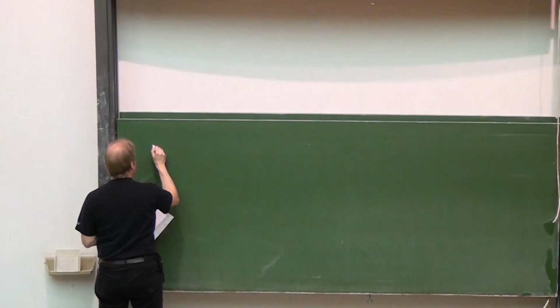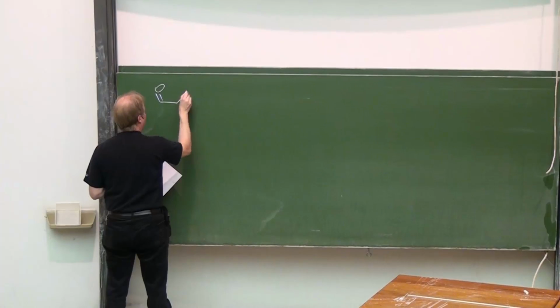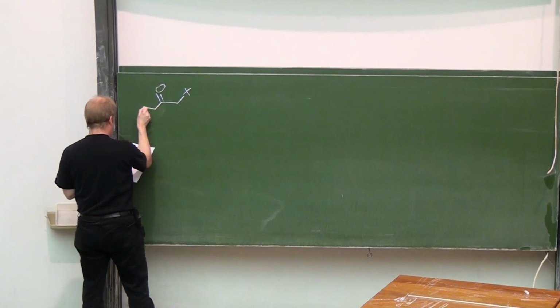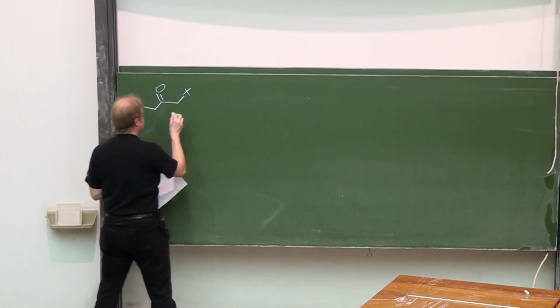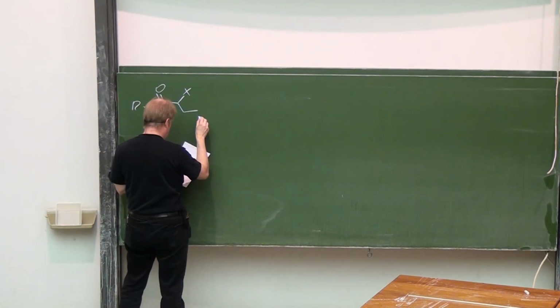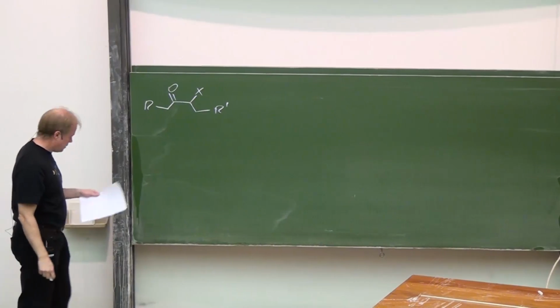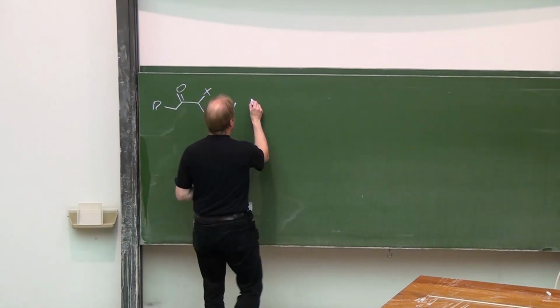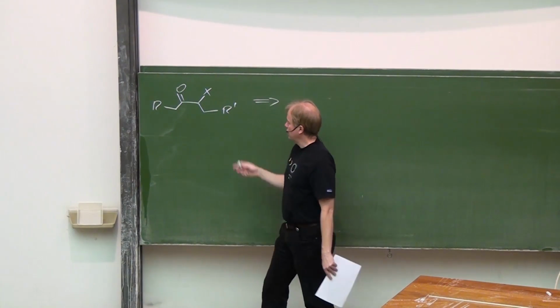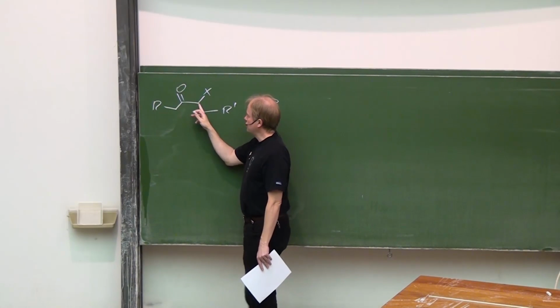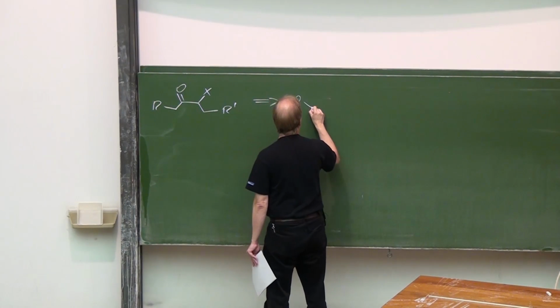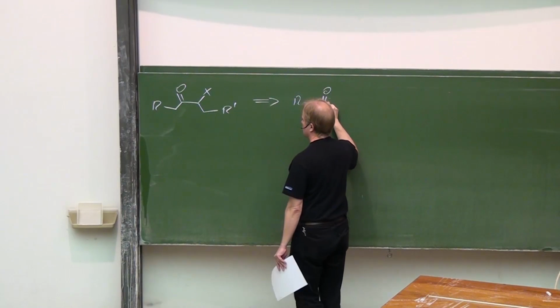So in general, let's have a look how to set up something like that. Okay, halogenation in alpha position of a carbonyl group.